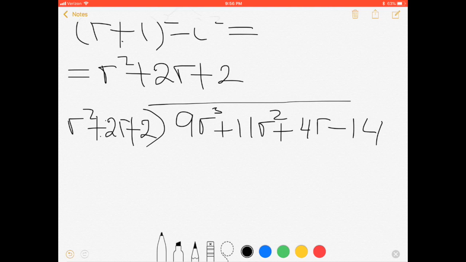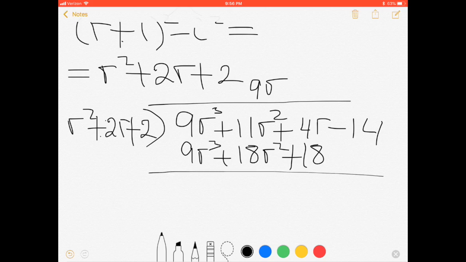Now start the long division. We have 9r, which gives me 9r cubed plus 18r squared plus 18r.